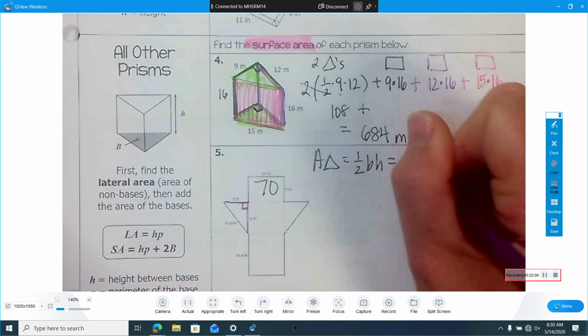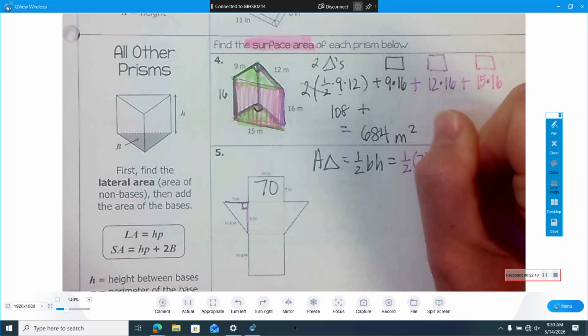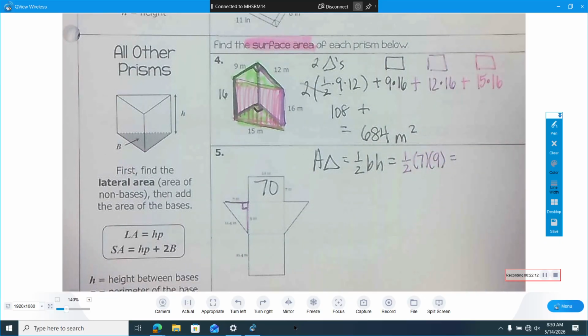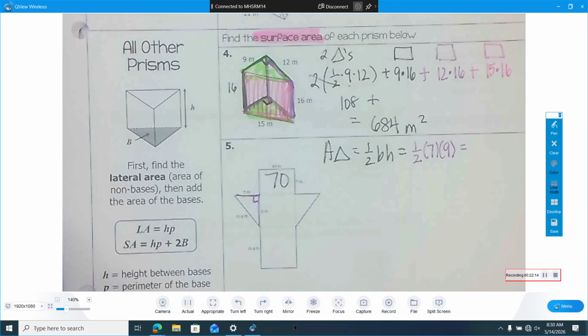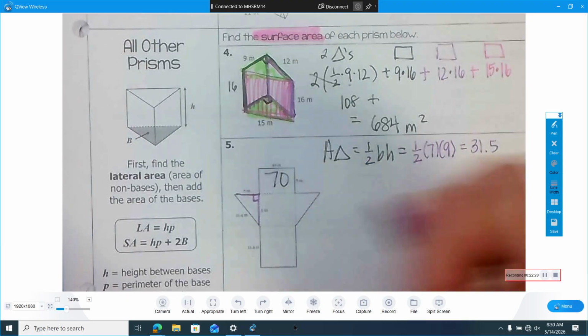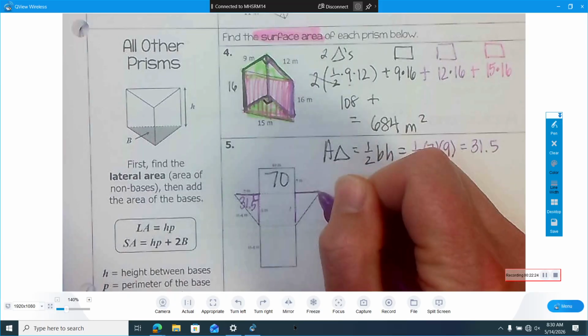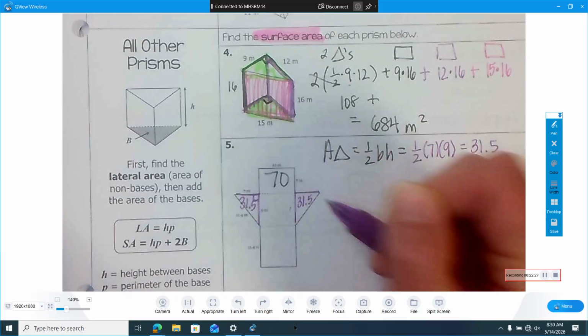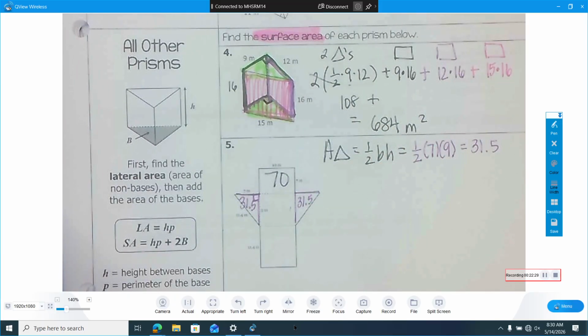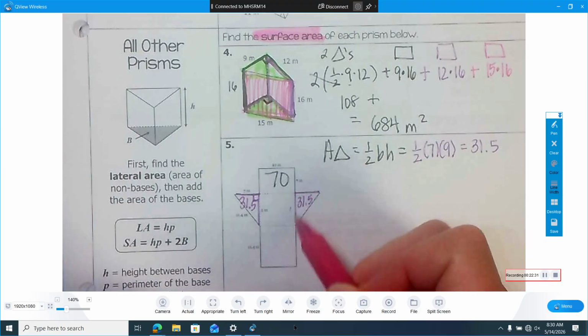So that area is going to be 1/2 of 7 times 9. What is half of 63? 31.5. So this is 31.5. What's the other triangle? Same thing, 31.5. What about this rectangle in the middle?